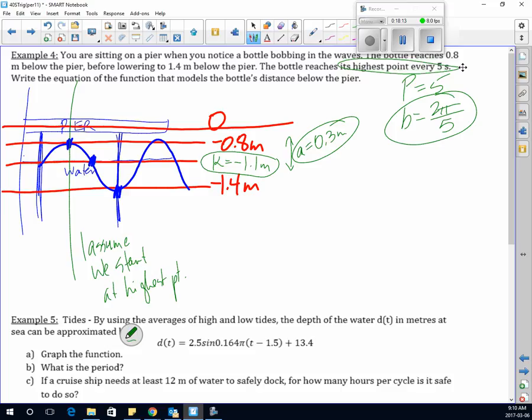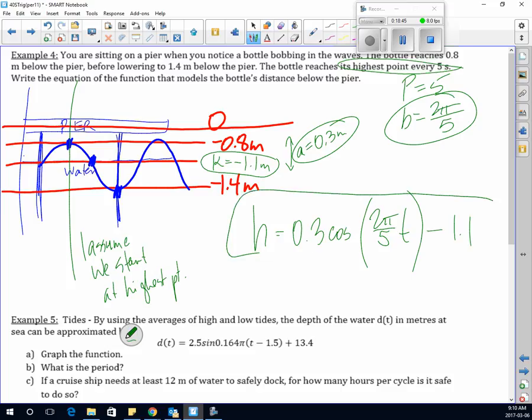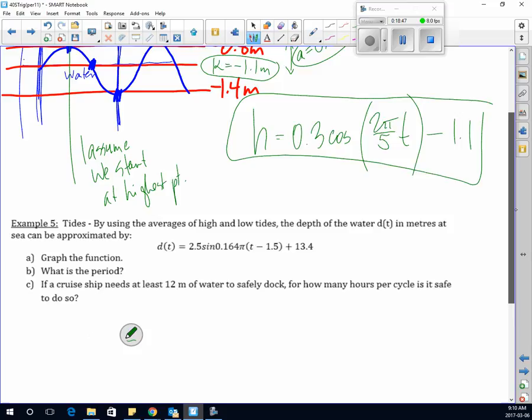Okay, so H equals 0.3 cos bracket 2 pi over 5 t minus 1.1. Beautiful. There we go. Bottle bobbing.